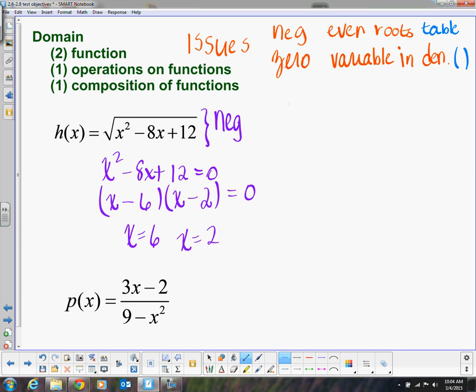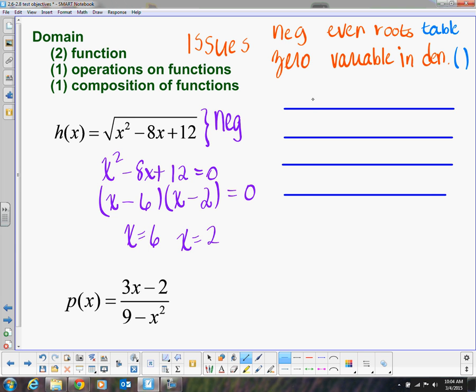Now the expectation is that you can draw the appropriate table. If this is a domain question and I do not see a table, then you're not going to get any credit from here on out. If you're new to this, we've got 2 and we've got 6.